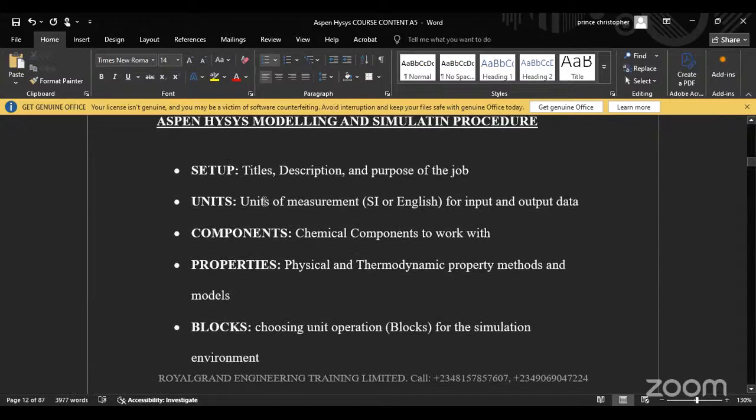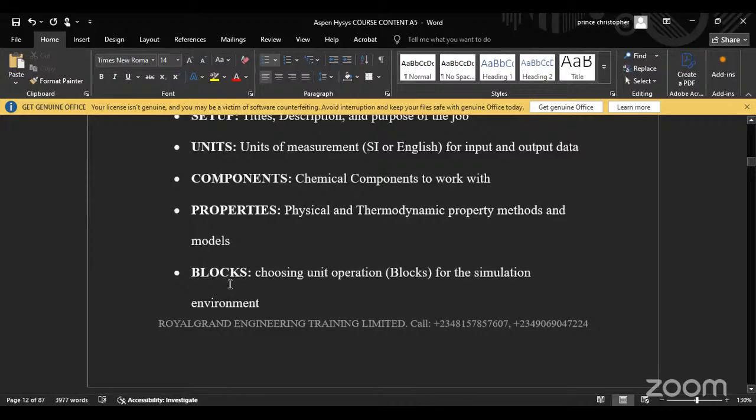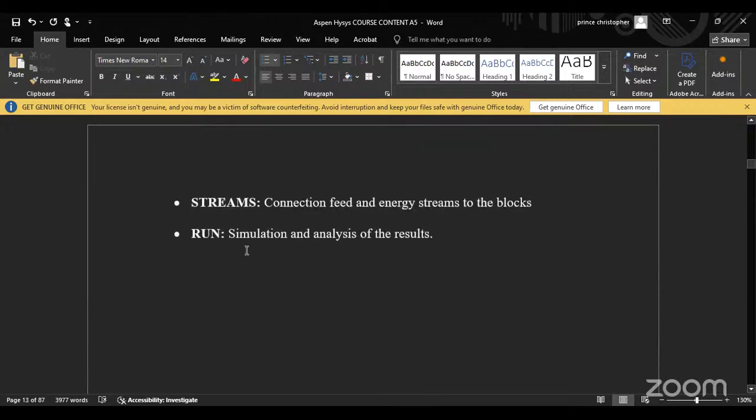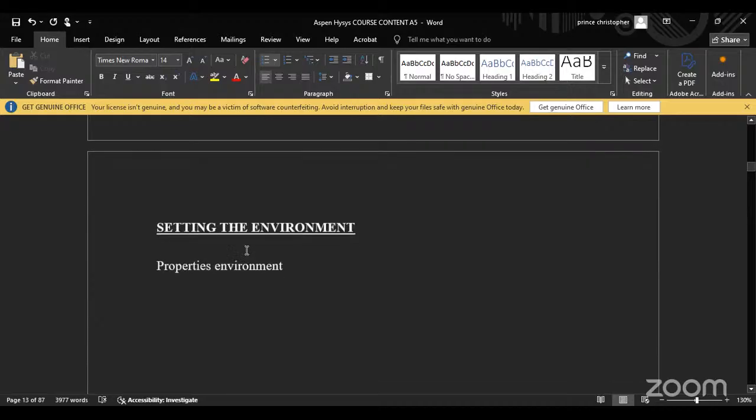Next thing we need to do is to set our units, define chemical components to work with, and the physical properties and thermodynamic properties of the model. We need to choose the unit operation blocks and connect our streams, then the simulation.